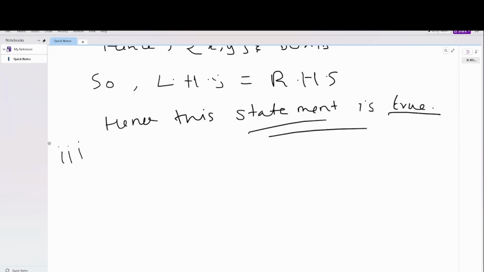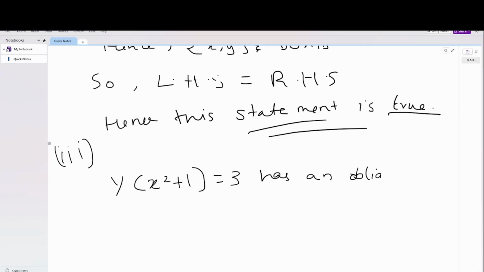That is, y into x square plus 1 has an oblique asymptote is the statement. We want to check whether this statement is true or false.